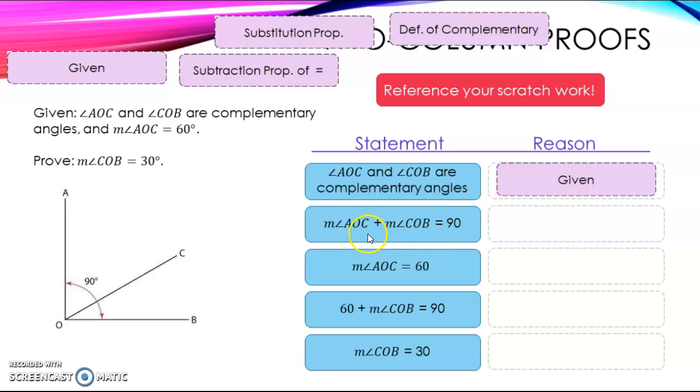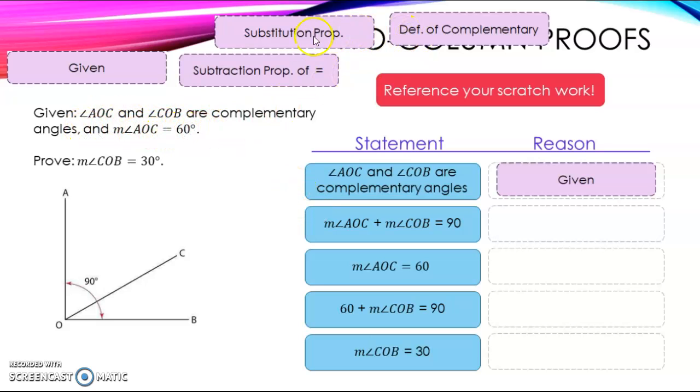I did say the top two statements, but actually this second statement here was not given. It says the measure of AOC plus the measure of COB is equal to 90. This little m in front means the measure of those angles. You can ignore it. It's just saying what those angles add up to being 90. That's actually not given in this statement here.